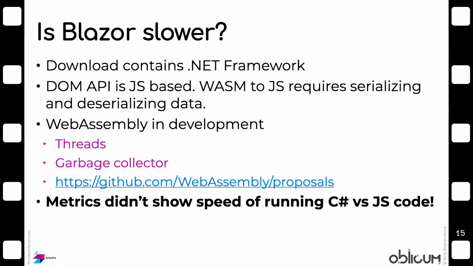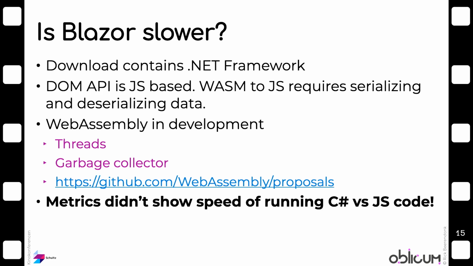But so the first question is, is Blazor really slower? Now, I already said it contains the .NET framework. That takes a longer time to load. It's that simple. Then, since we are in WebAssembly, the DOM API is based on JavaScript.